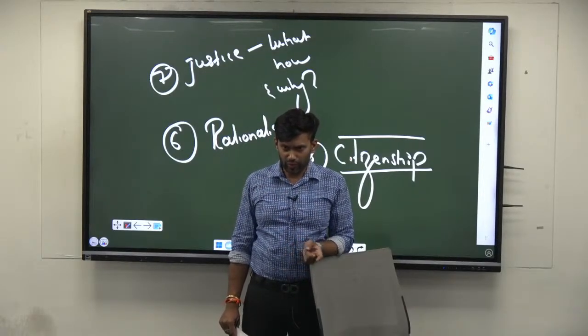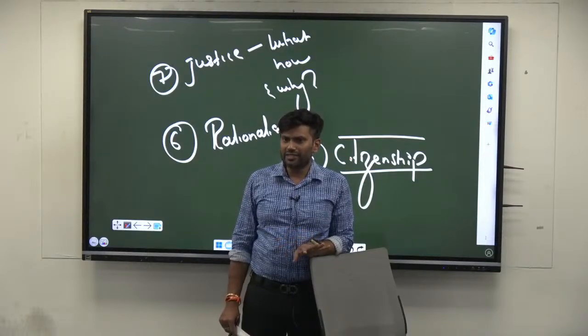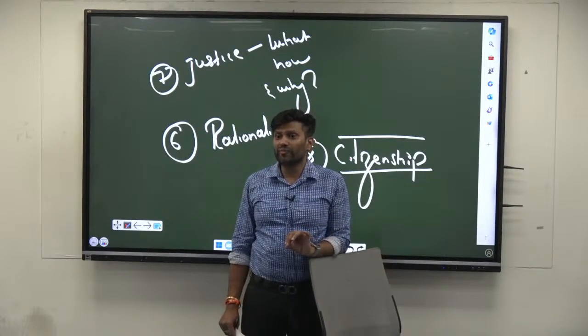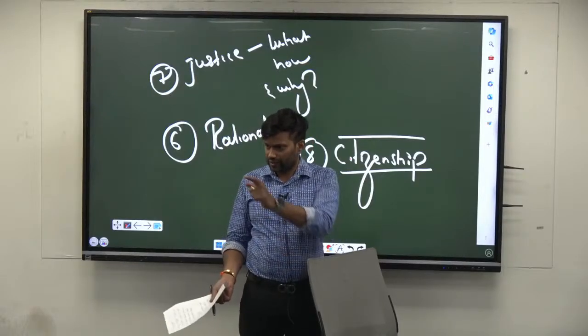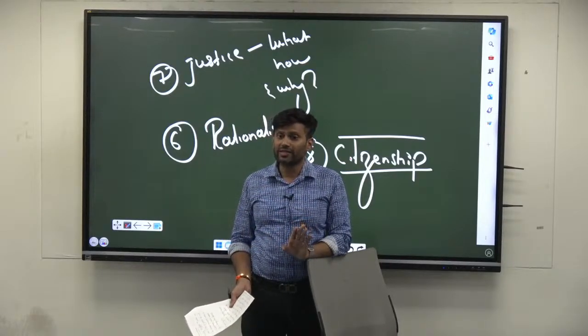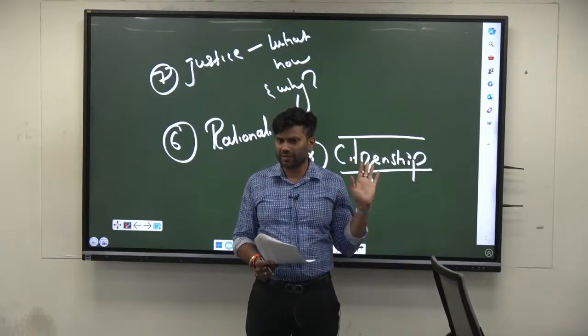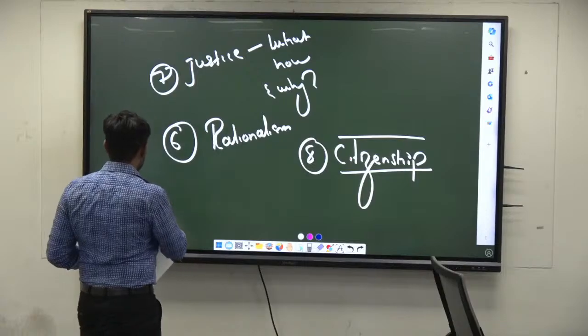You have to participate in public affairs. If you are not participating in public affairs, they won't allow you any kind of citizenship. Only if you are actively participating are you considered a citizen. And there are certain rights of the citizen, etc. They speak about that when we read both Plato and Aristotle.